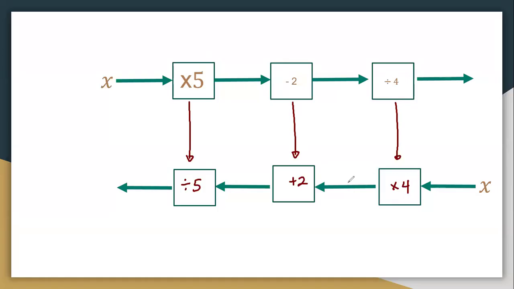So what shall we have here? That will be 4x. What shall we have here? 4x plus 2. Then the final thing will be 4x plus 2 divided by 5. Okay. Thank you, Martha.